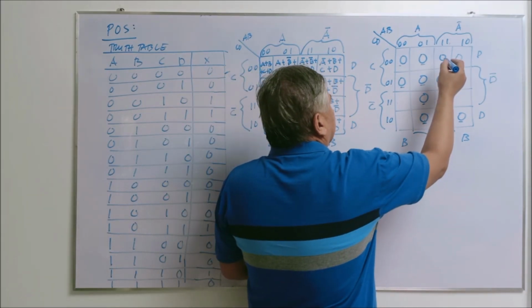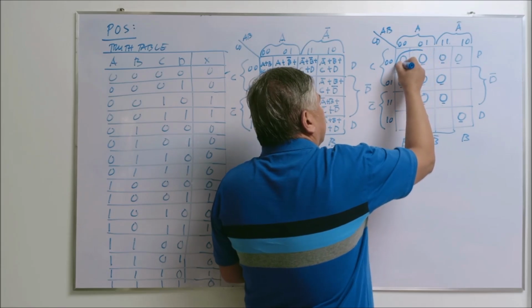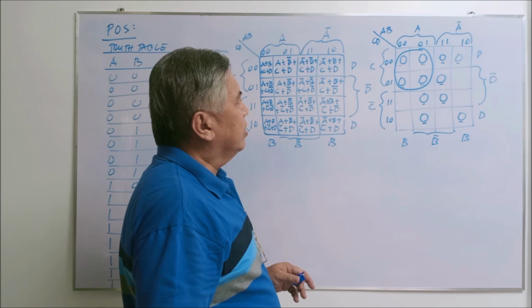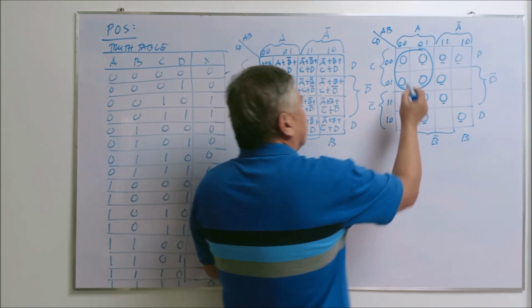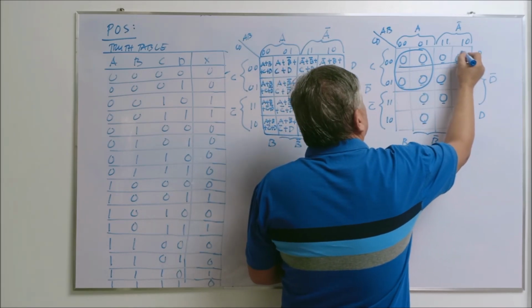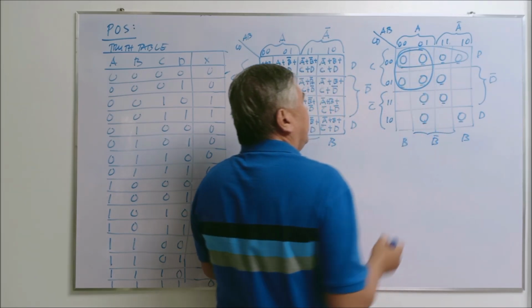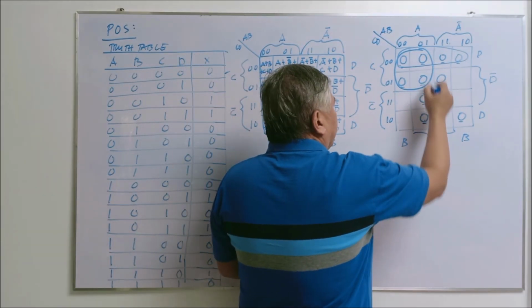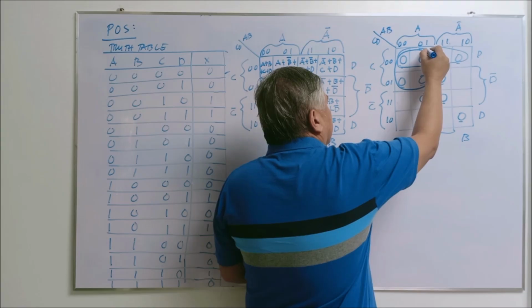First is this one, a square. Then, this one here, 8 adjacent cells. Then, what else? This one, 4 in line.